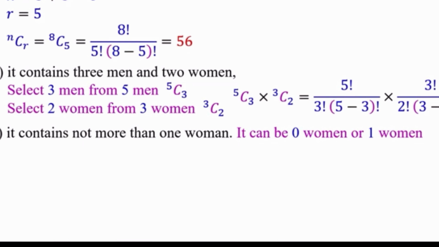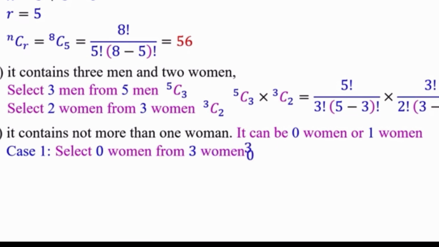Now next, if it contains not more than one woman, it can be 0 women or 1 woman. Not more than, so it means 0 is considered. So we have case 1 and case 2. For case 1, let's say 0 women. If 0 women, how many men do we need?